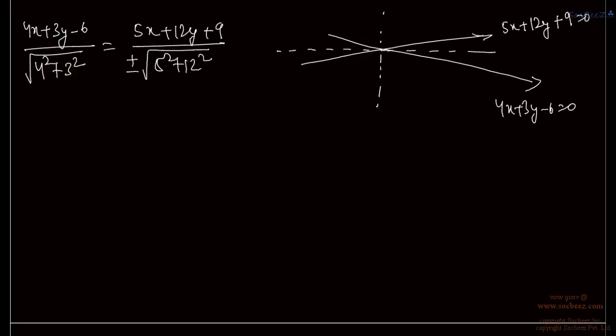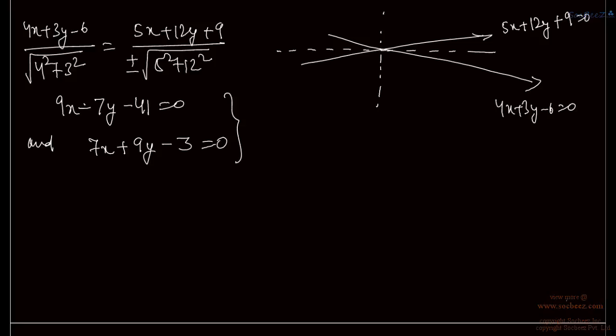So this is the equation of the angle bisector, and we will be getting two equations, one from plus and the other from minus, and the two equations are 9x - 7y - 41 = 0 and 7x + 9y - 3 = 0. Okay, so these are the angle bisectors.